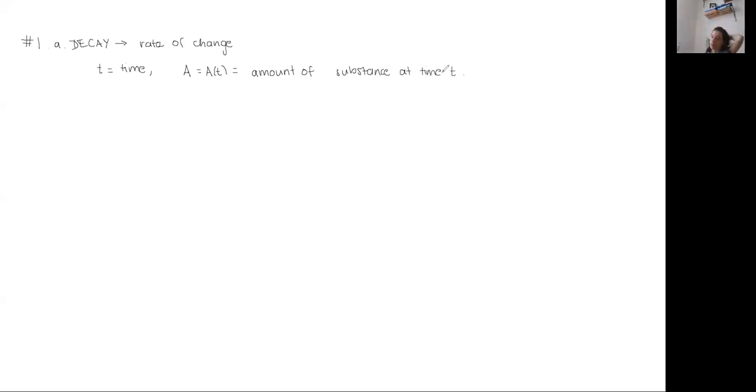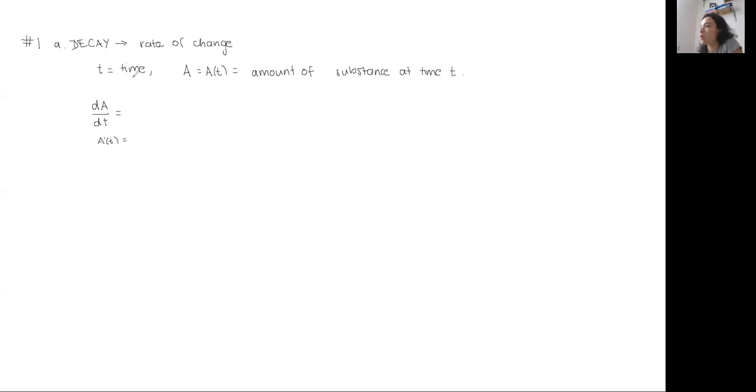Okay. So what I have is that the radioactive substance decays at a rate directly proportional to the amount present. So that means that the rate of change of the amount, dA over dt, I'm going to write it like this because this is the notation that we're going to be using in general, but this is the same as writing A prime of t.